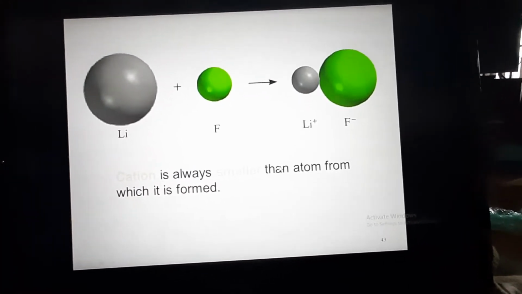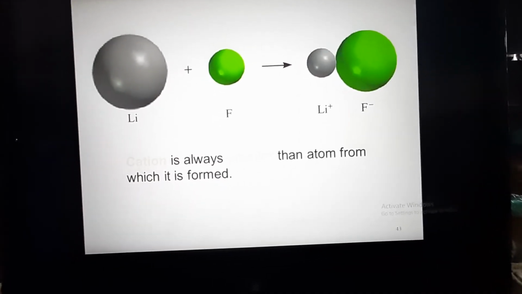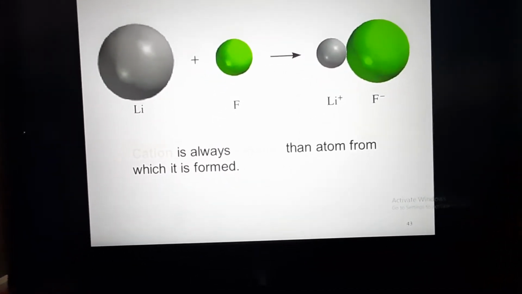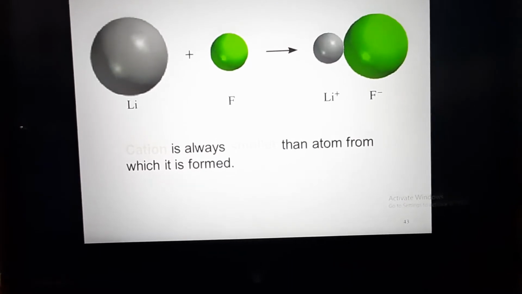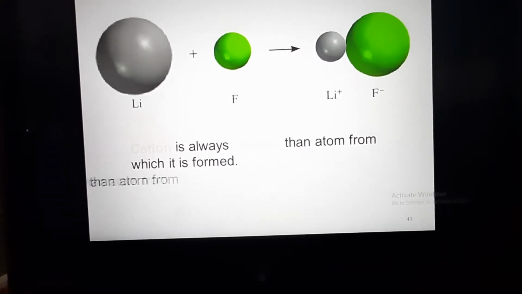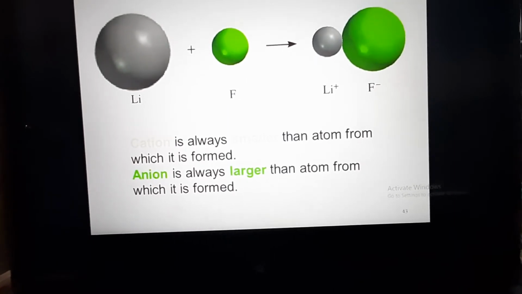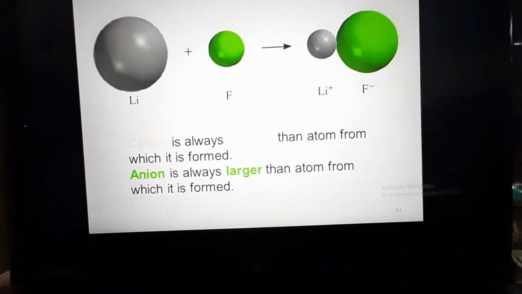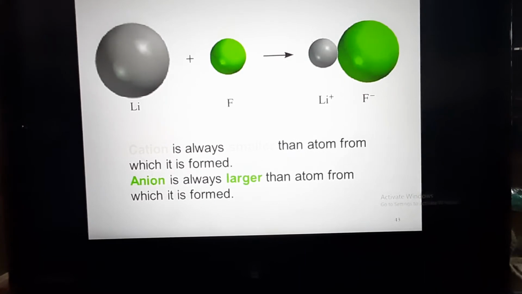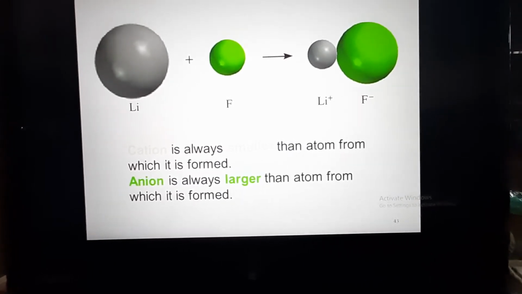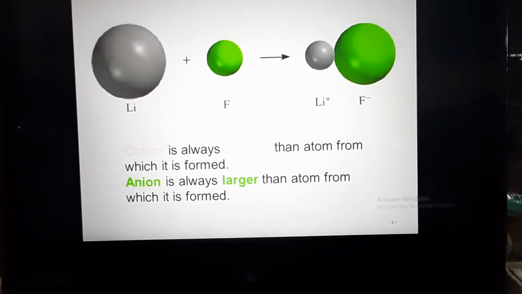So a cation is always smaller than the atom from which it formed, and an anion is always larger than the atom from which it is formed. That is true whether it gains or loses 1, 2, 3, or more electrons.